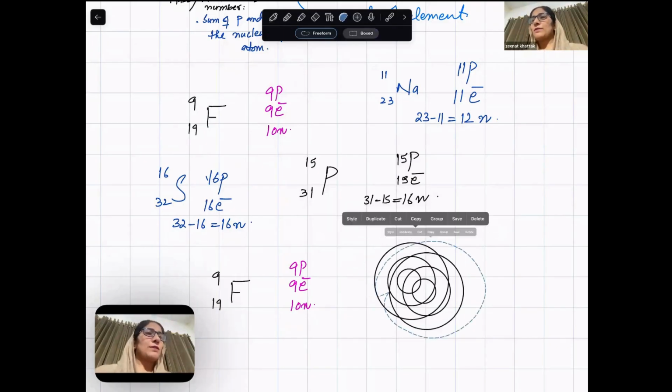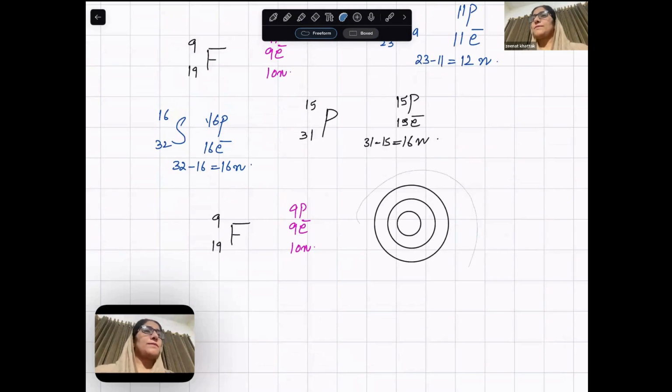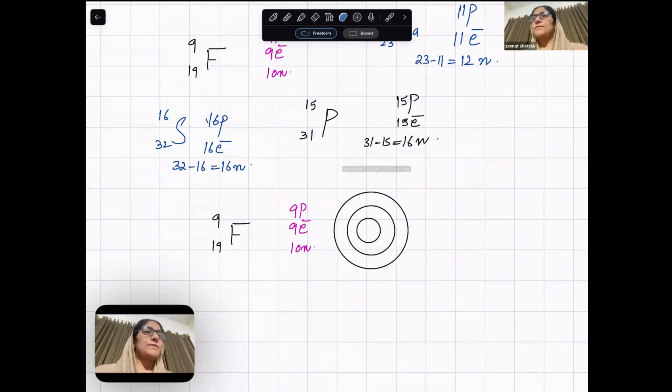There are 9 protons inside the nucleus and 10 neutrons. How are the electrons arranged?